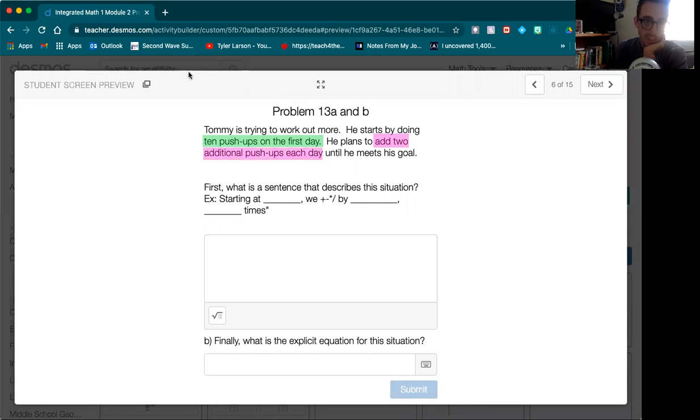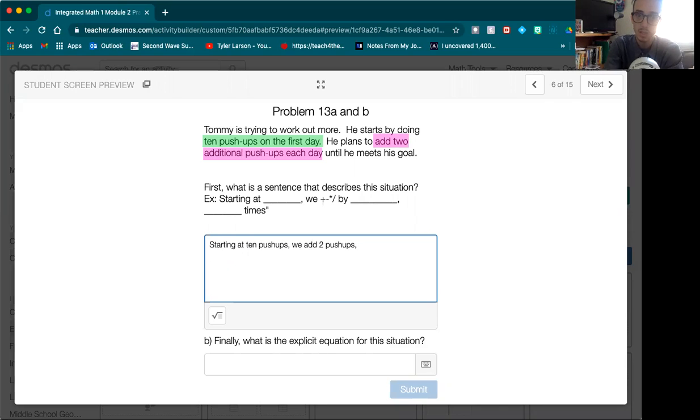All right. So in this sentence, I think this one's pretty easy to put together. So starting at 10 push-ups, we add 2 push-ups. Add by, it sounds goofy, right? But I'm just going to follow the context there.